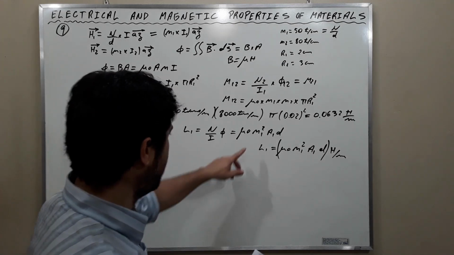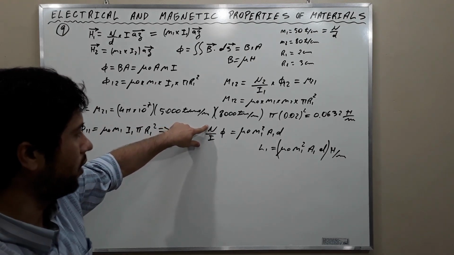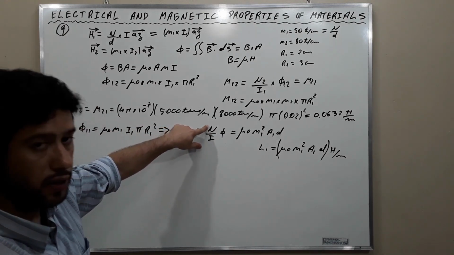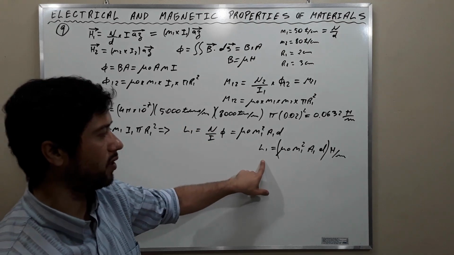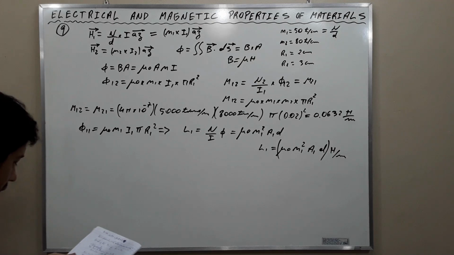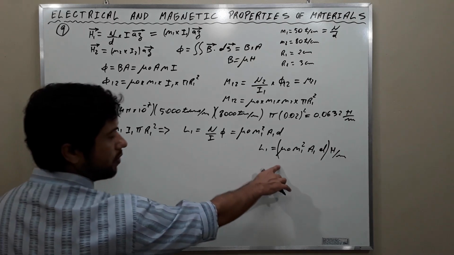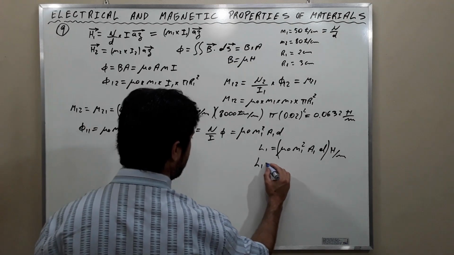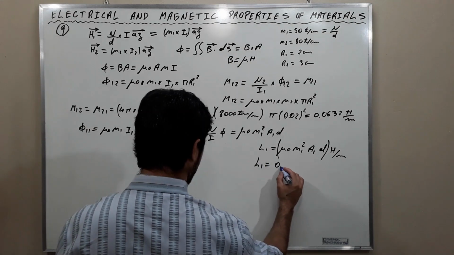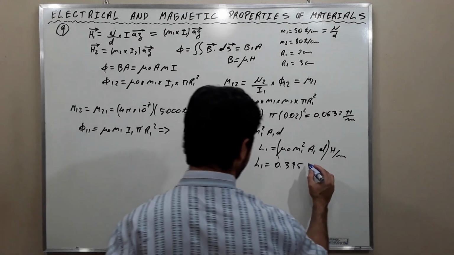Because of this capital N here, this is the entire inductance, and this is the inductance per unit of length per meter. Substituting the values here, we find that L1 is equal to 0.395 Henry per meter.